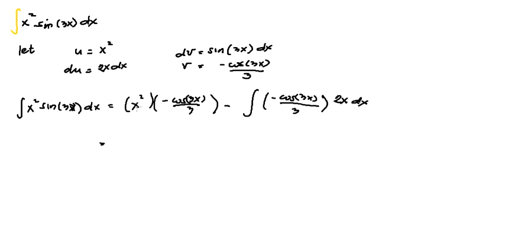We have negative 1/3 x squared cosine of 3x, then minus, and negative times negative gives positive, so we have 2 over 3 times the integral of x cosine 3x dx.